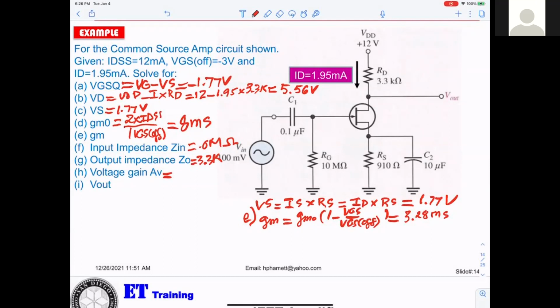So that's gm times RD, the big RD. Okay, gm we already calculated, 3.28, times 3,300, 3.3K. 10.8, correct.